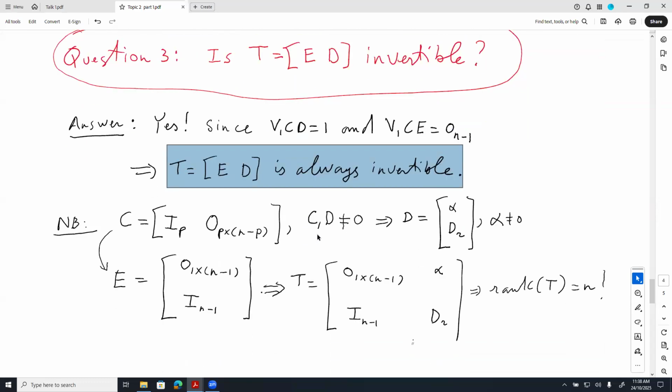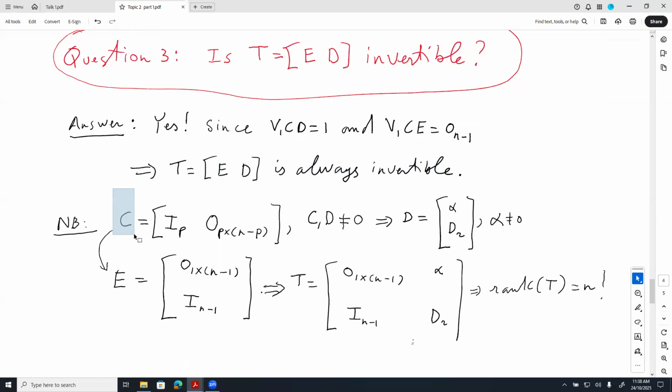Now, another thing to look into is if we have matrix C in canonical form. What happens here is that the output vector y of t contains the first p variables of the state vector x of t.